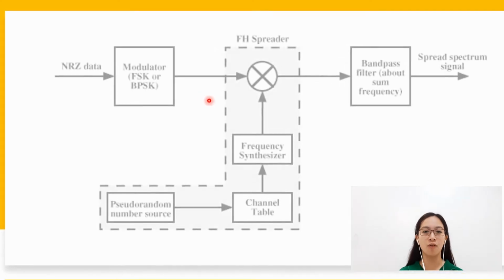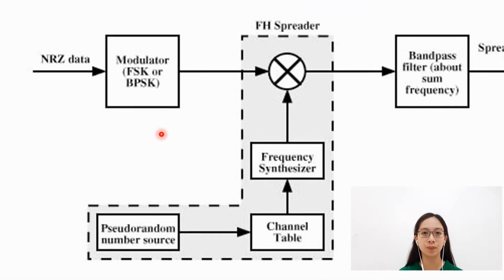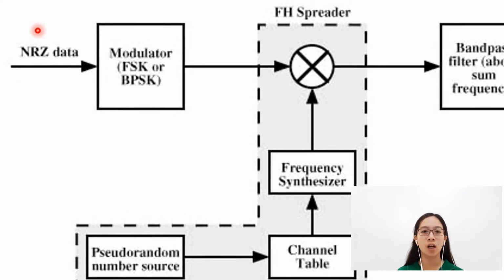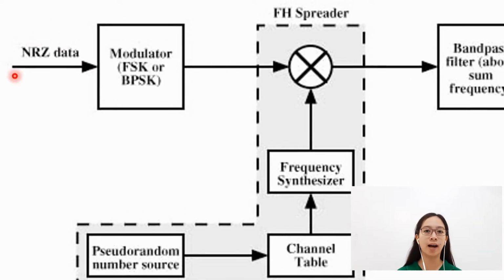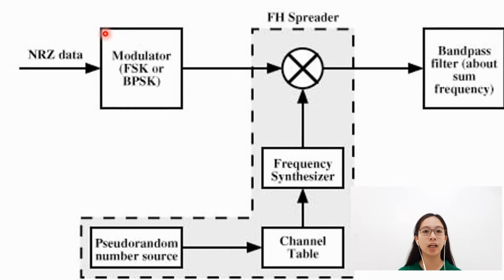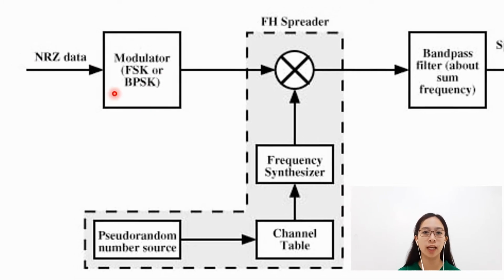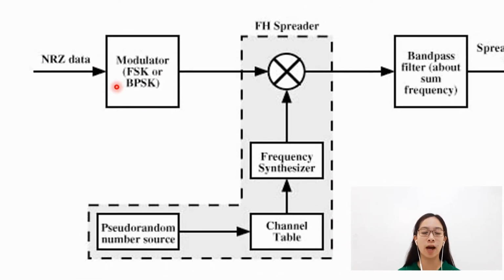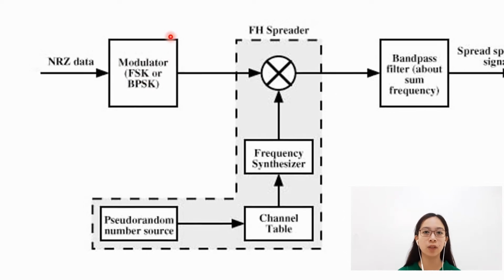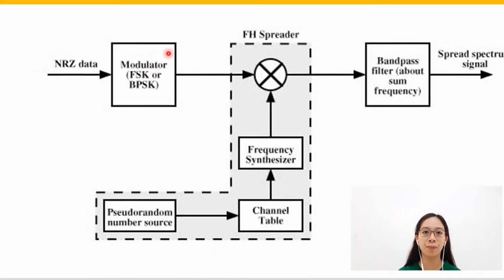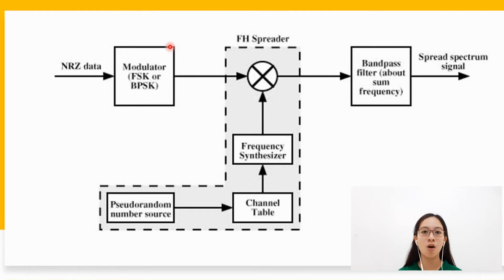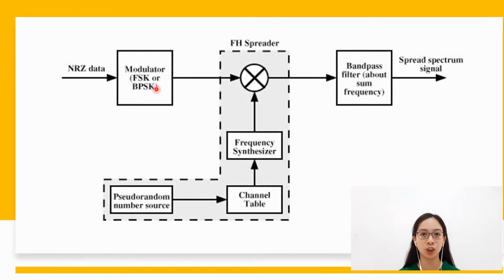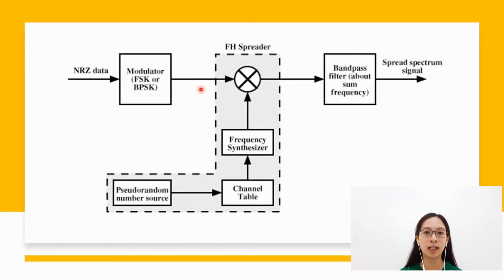Block diagram of FHSS transmitter. In the diagram, the non-return to zero data, or simply the binary data, is fed into a modulator using a digital to analog scheme like frequency shift keying or binary phase shift keying for effective coherent detection. The resulting signal is centered on some base frequency.